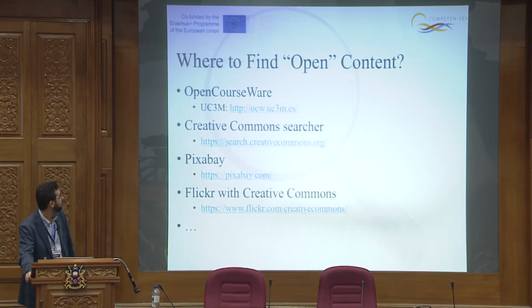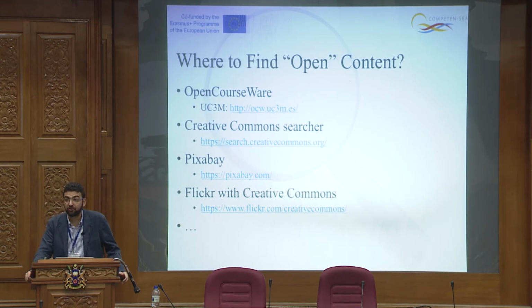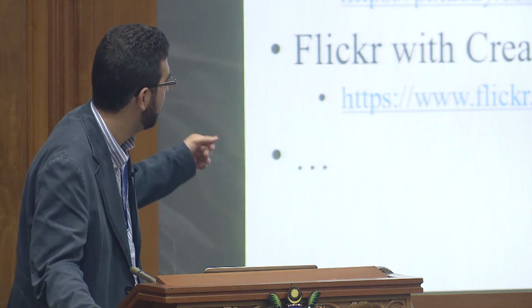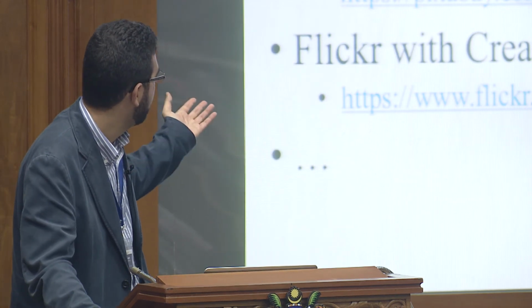There is a Creative Commons searcher. You can also use Google Images, and there is an option to search for materials that can be reused. This is another possibility. Pixabay is another repository of open images of different fields. We can also use Flickr with Creative Commons.